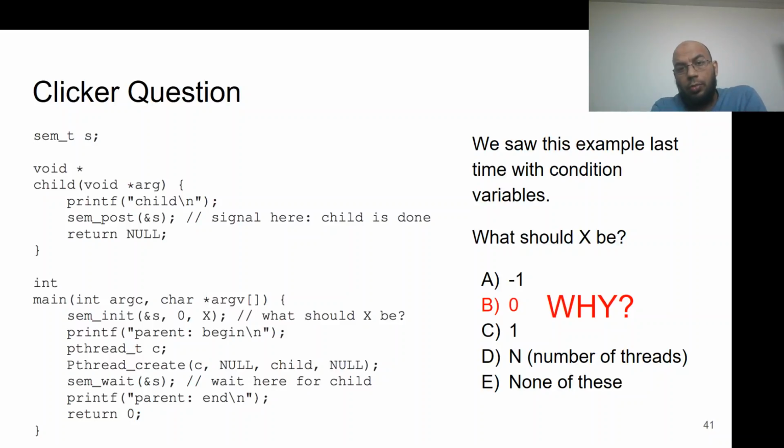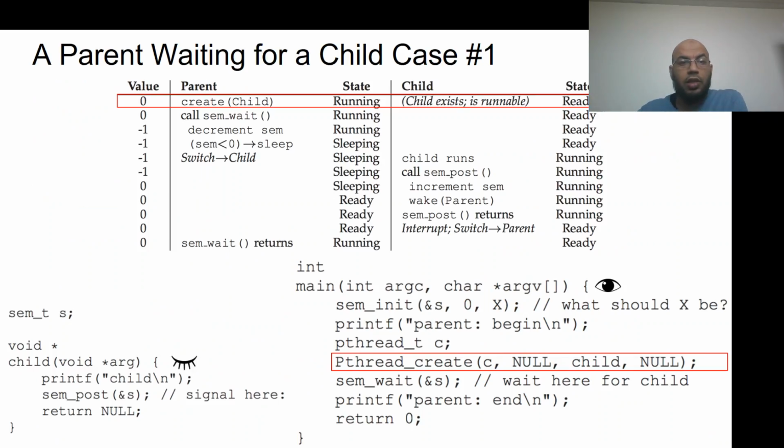Each child finishes and calls semaphore post, and with each child finishing, the semaphore number will increment until the semaphore becomes 0. And when the semaphore becomes 0, the parent can proceed, because once the parent gets called, it will find that the semaphore value is 0, and it will proceed with whatever it's doing. Let's look at the code.